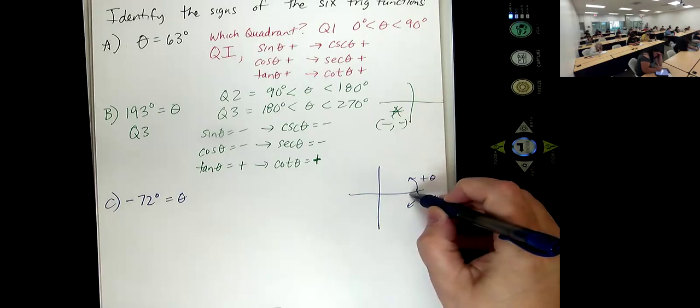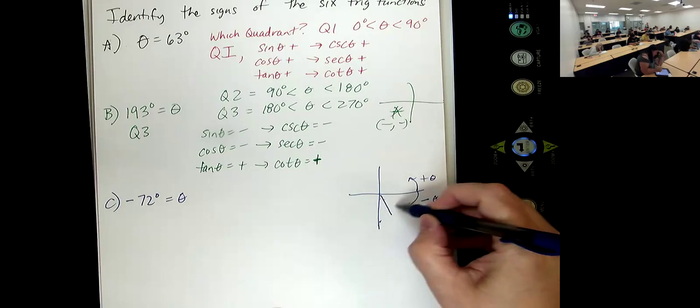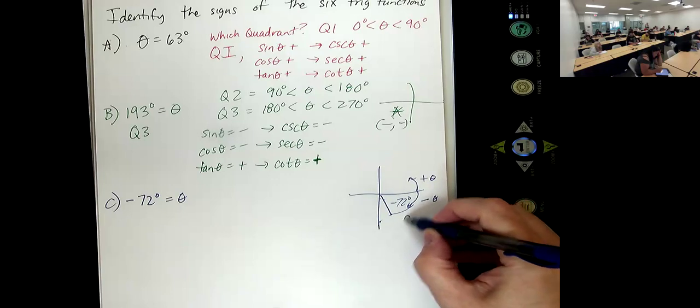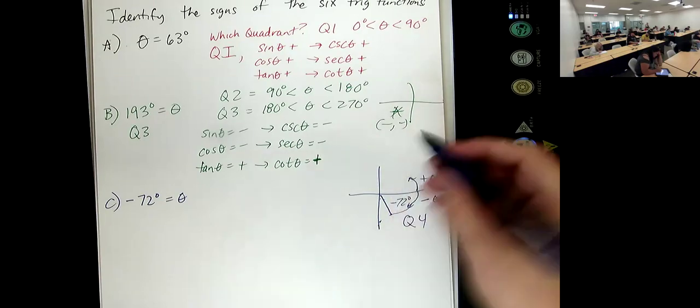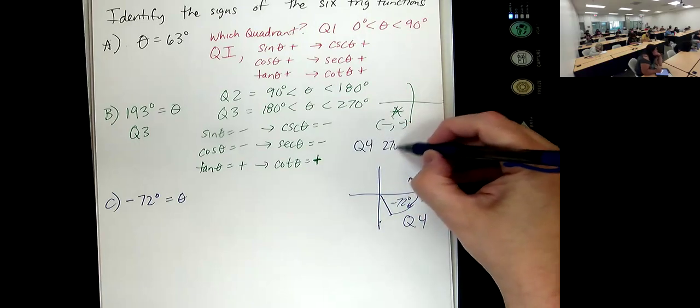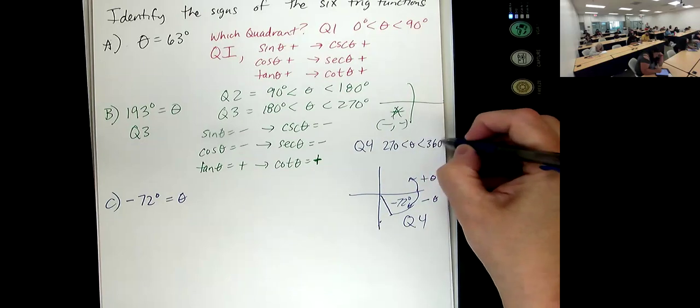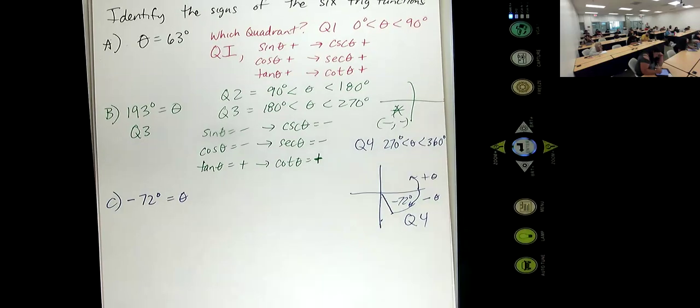A negative 90 would get us down to here, so negative 72 is about there. So that does look like the fourth quadrant. Quadrant 4 being 270 to 360.